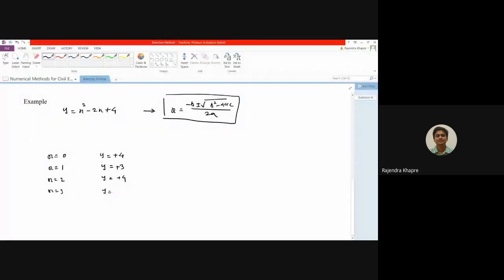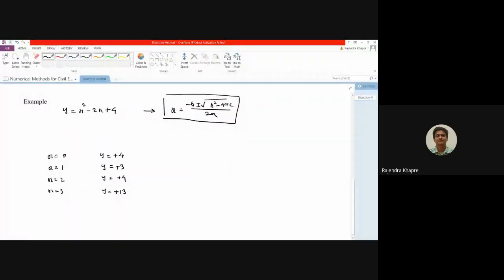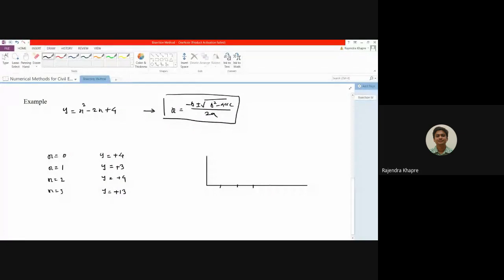How much will y come? Is it positive or negative? Positive 13. So now if you try to plot a curve, what is happening here is, when x is 1, x is 2, x is 3, and x is 4.